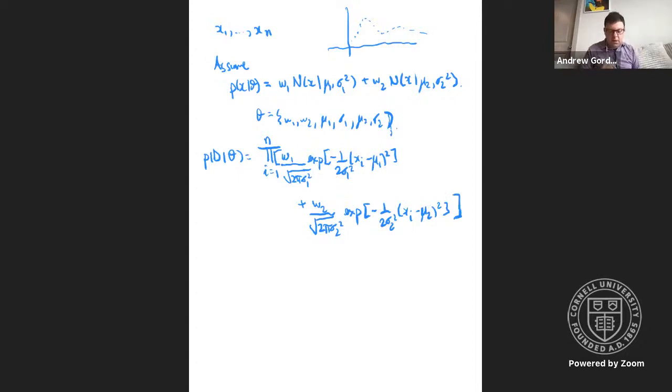Now, my question to you is, can you, just eyeballing this expression, don't think about taking derivatives or anything else, and let's just forget about W1 and W2. Let's not worry about estimating those.